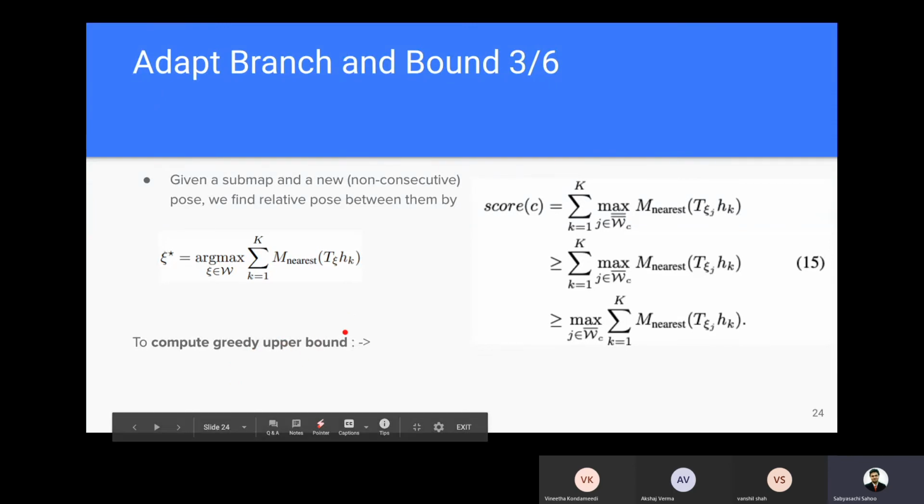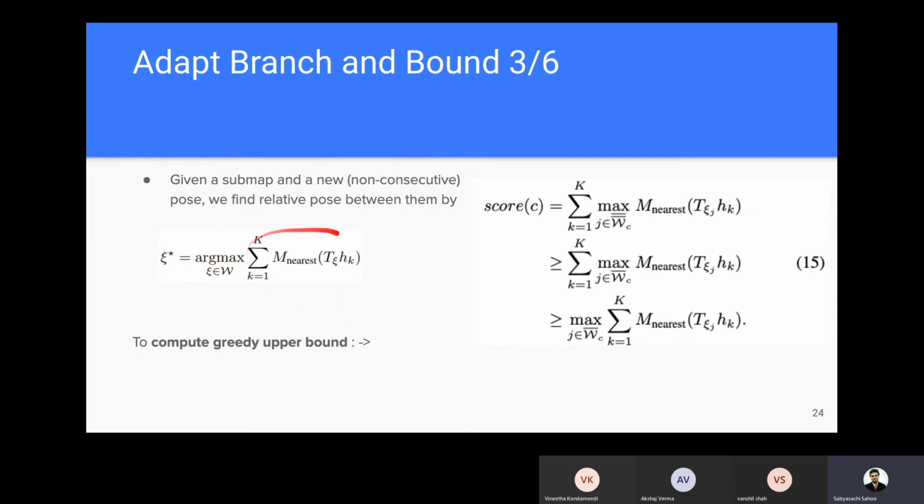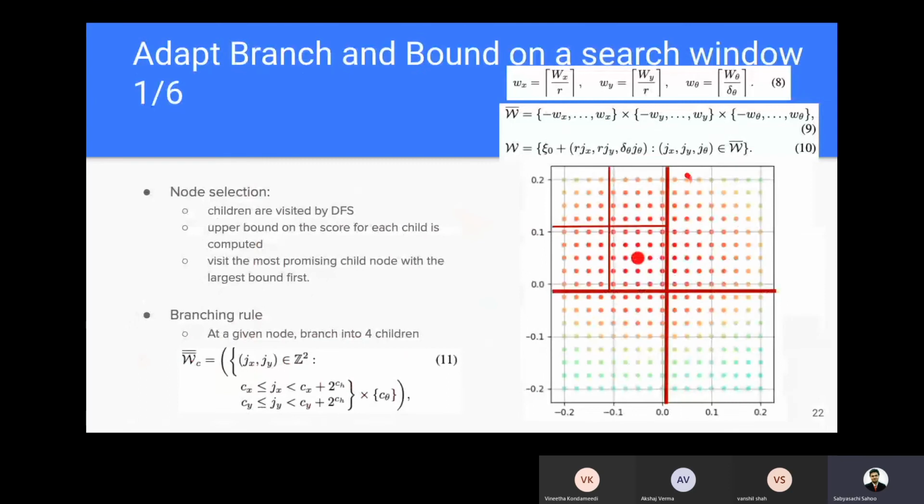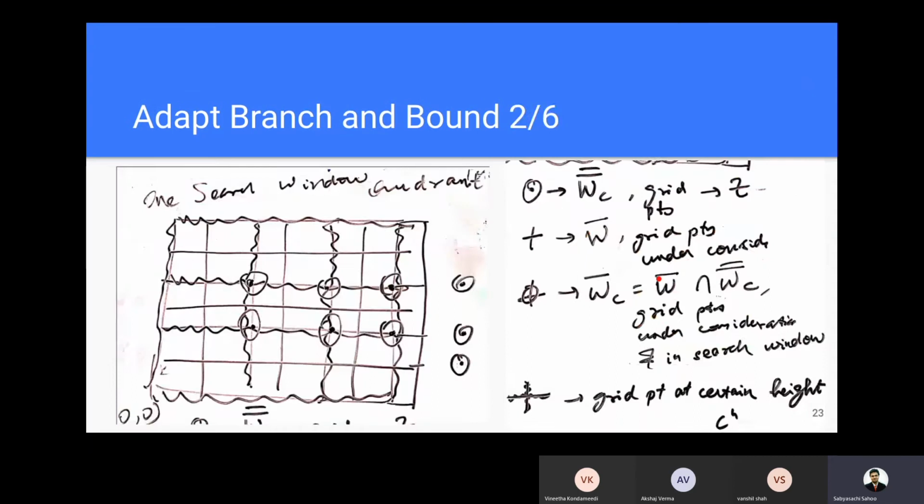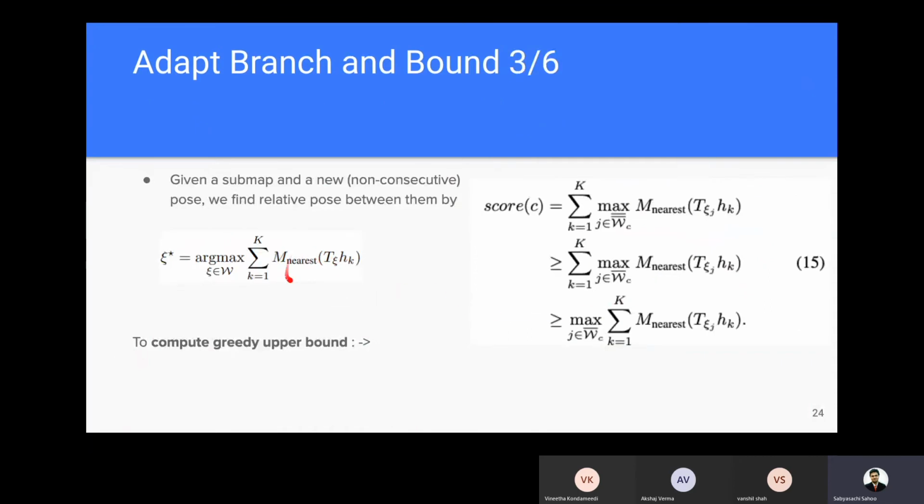If we look at the equation, essentially what we are doing is that for a given epsilon, let's say this leaf node here, or maybe a partition node here, we would put that epsilon in this equation, and for all the scan points, k equal to 1 to capital K of second scan, we would like to see if we keep on applying epsilon, which epsilon gives us the maximum.